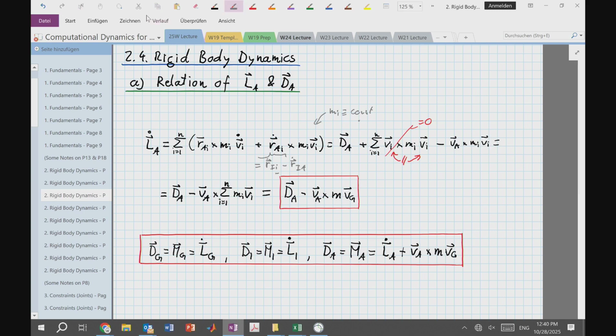The sum of these guys, m_i times v_i, is the linear momentum of each particle. The sum over all linear momenta is the total momentum p of all the particles together, and the total momentum we can write as m times the velocity of the center of mass.